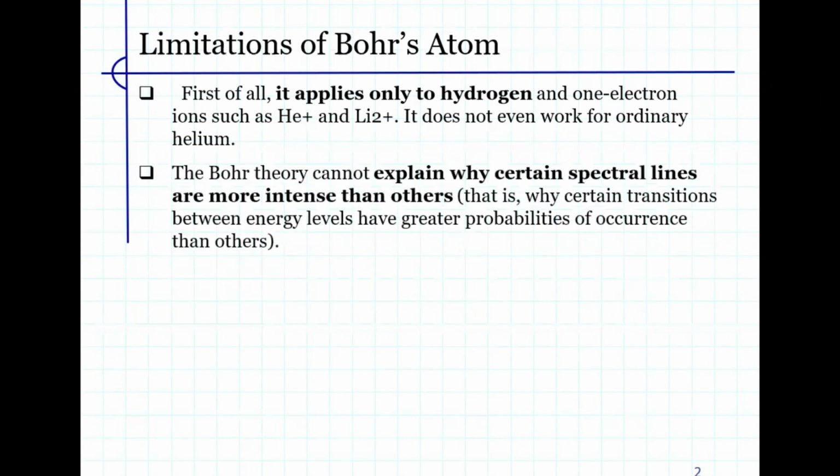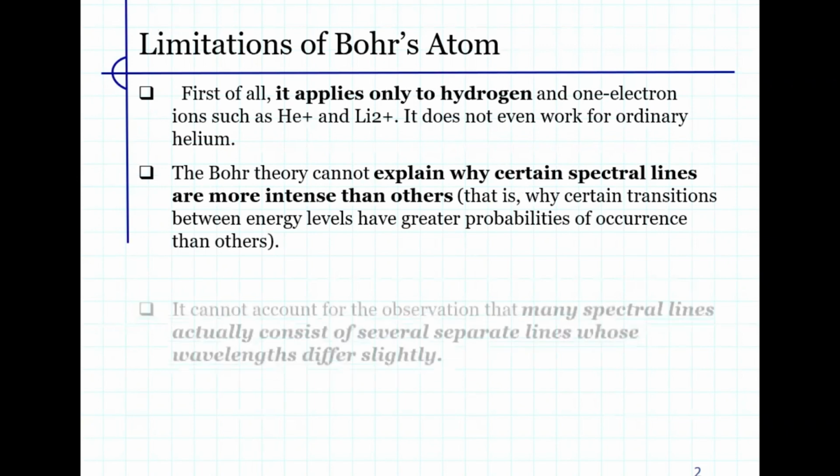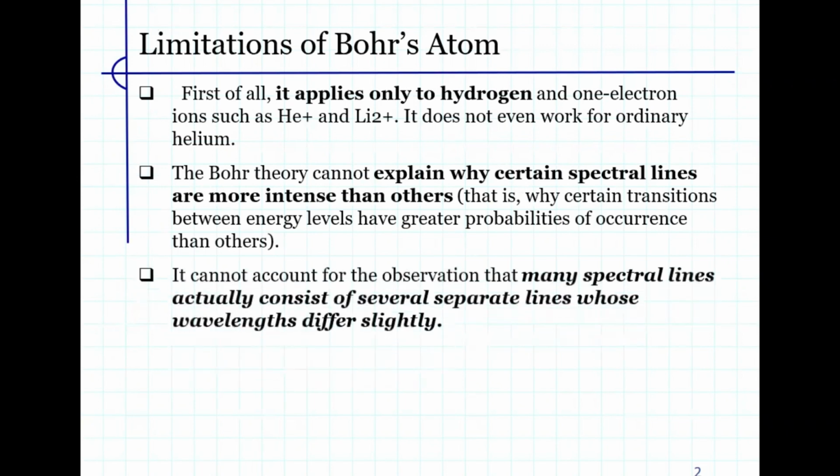Bohr's theory cannot explain why certain spectral lines are more intense as compared to the others, and why certain transitions between the energy levels have greater probability of occurrence than the others. It cannot account for the observations that many spectral lines actually consist of several separate lines whose wavelengths differ slightly.